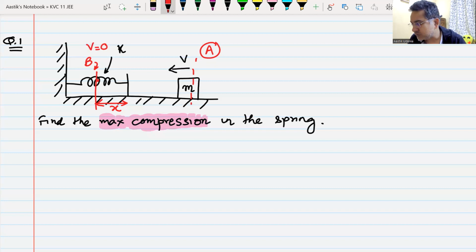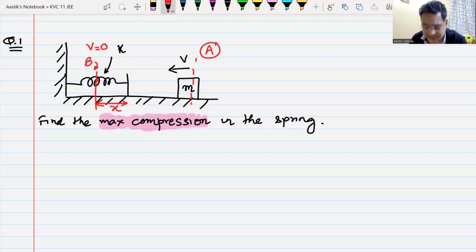Gravitational force, normal force, and spring force. These are the three forces working on the body.